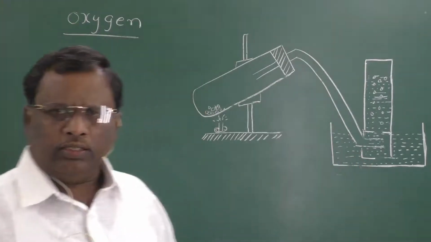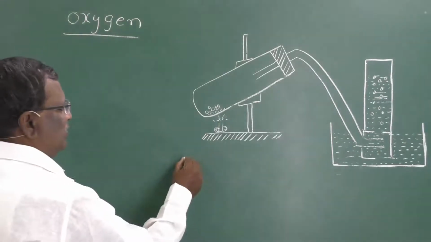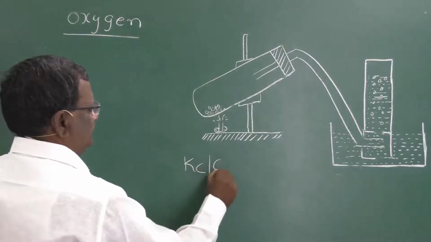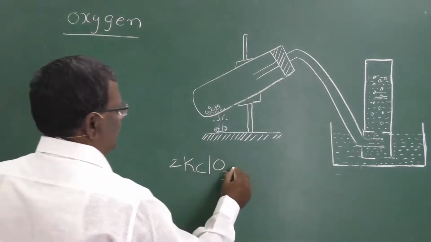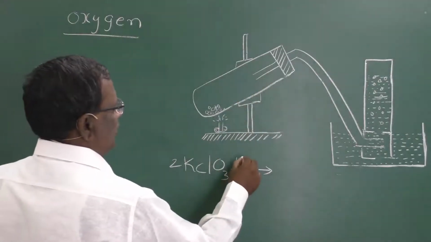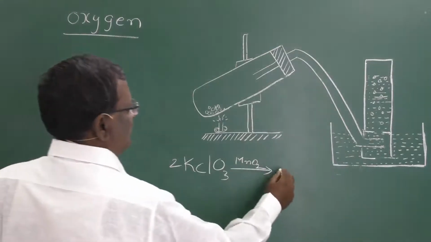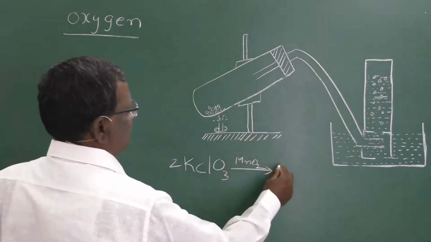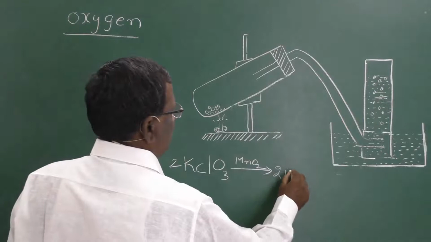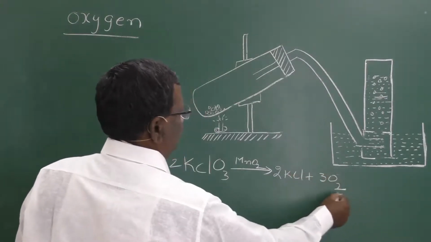Now, the chemical reactions involved in this process are as follows. KClO3, potassium chlorate, is taken in a hard test tube along with a certain amount of manganese dioxide. On heating, KClO3 decomposes to give 2 KCl plus 3 O2.